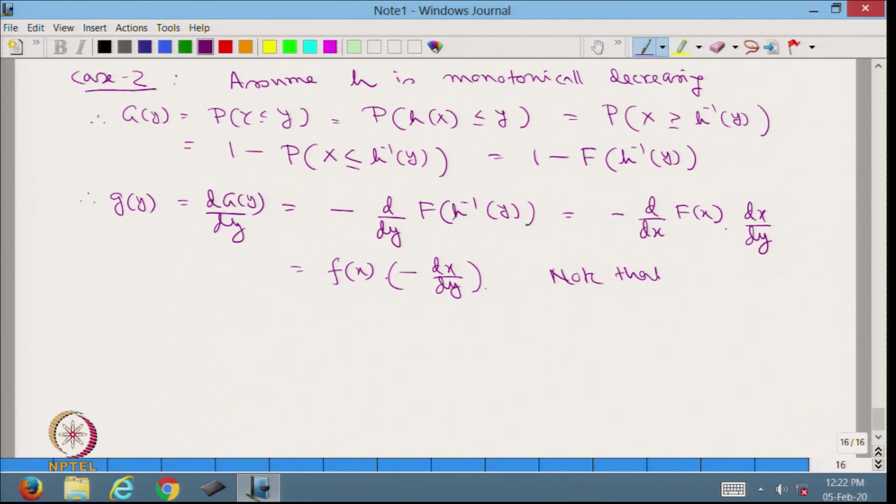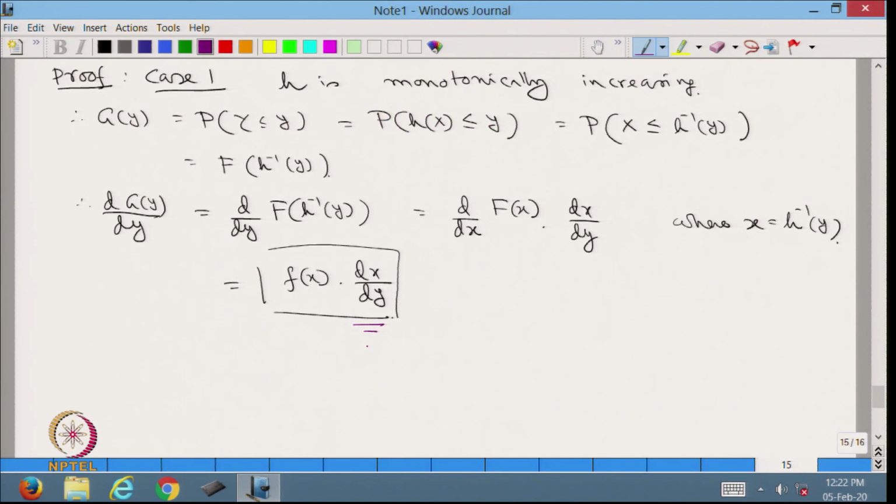Note that in this case the derivative is negative. Therefore, we can write it as f(x) times modulus of dx/dy.